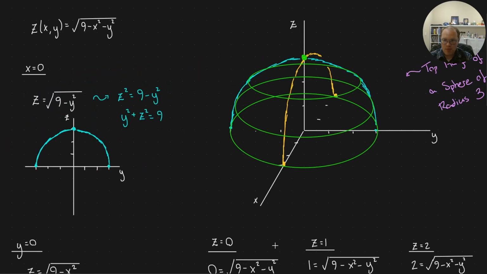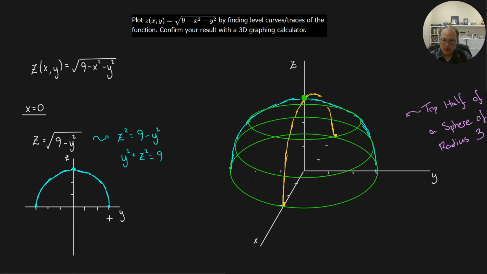And actually, if we go back to our original function, we can see that if we're experienced enough. Because we get z equals root 9 minus x squared minus y squared. The z has to be positive because of the root. But if I square both sides, I get something similar. If we square both sides, it's very similar to what we got with the half circle.